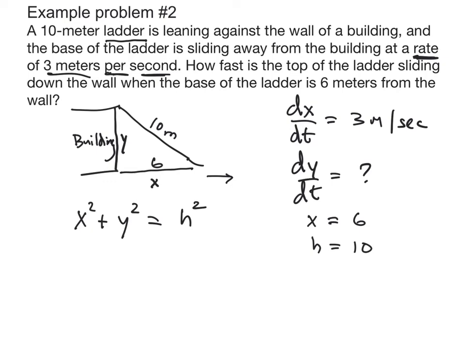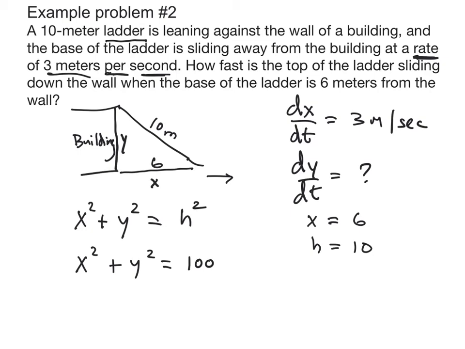Since the ladder doesn't change its length, it's always 10, this is technically x squared plus y squared equals 100. There's my formula, because I'm using the Pythagorean theorem.